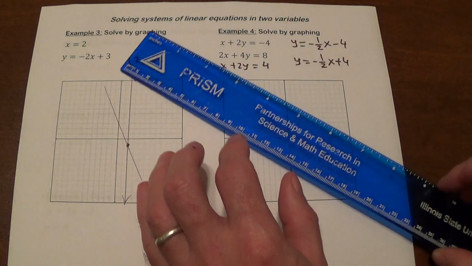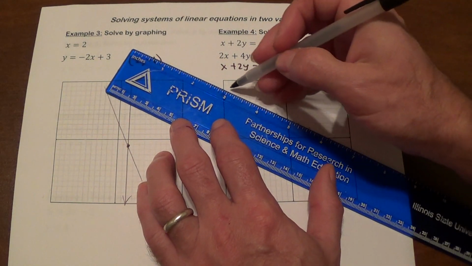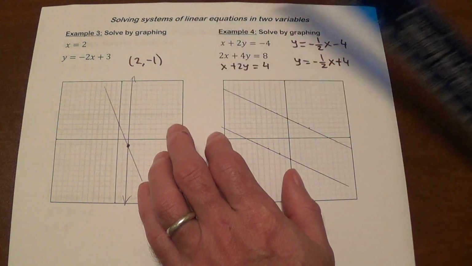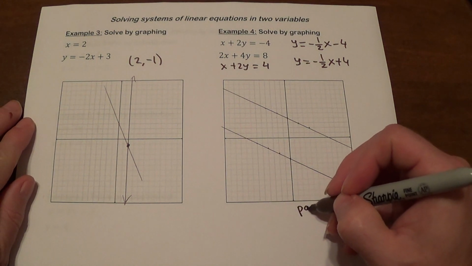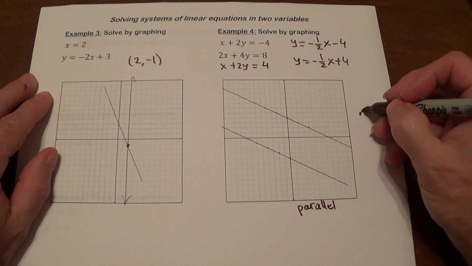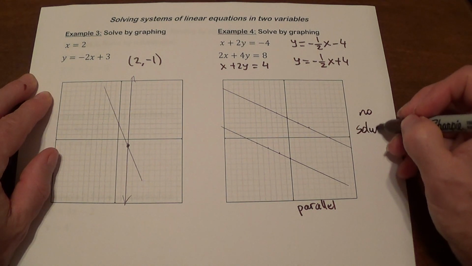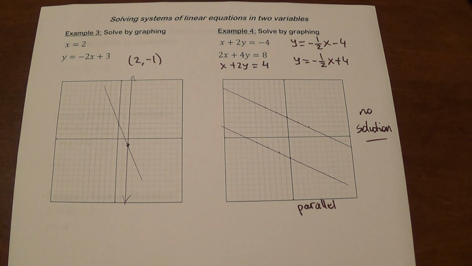Now, of course, we're assuming here that you know how to graph lines for that method to be used effectively. And what we have here is two lines that are parallel. And if they're parallel, that means they will never intersect. And if they will never intersect, you have no solution here. This is our answer.